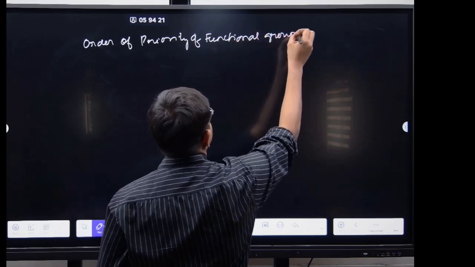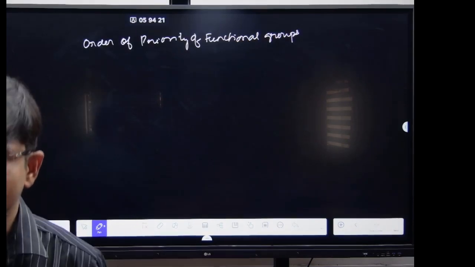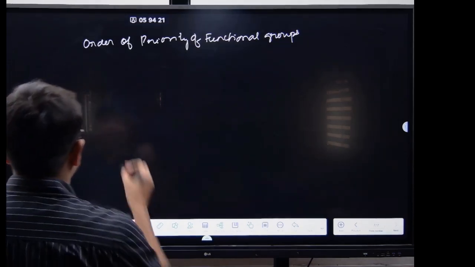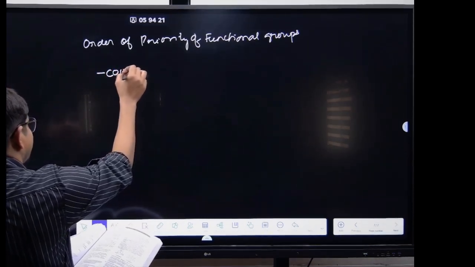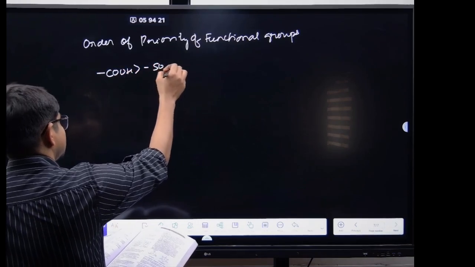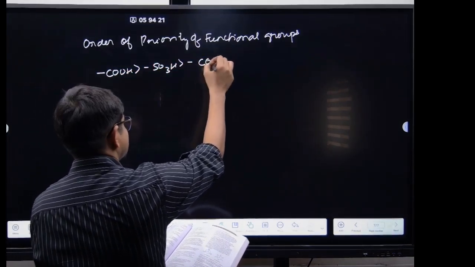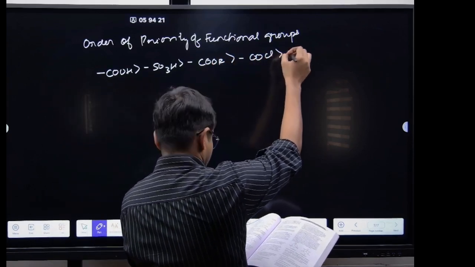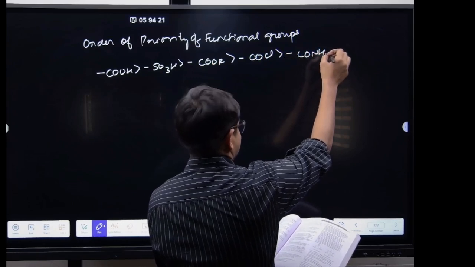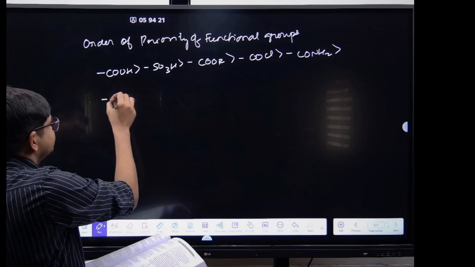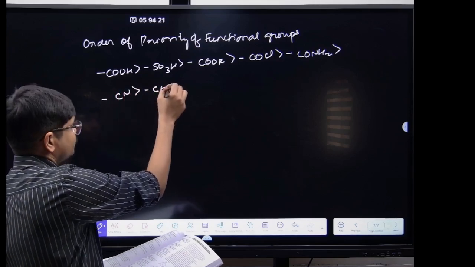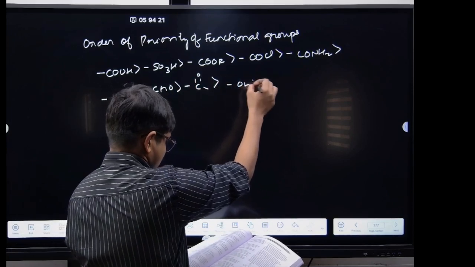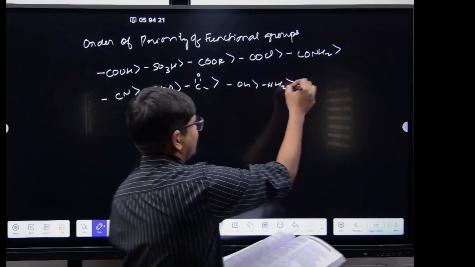So see here, this is important. First one you will have the carboxylic acid, then you will have SO3H, then you will have ester, then COCl, and you will have CONH2, then CN, then CHO, that is C double bond O, then OH, then NH2, then multiple bonds, right?